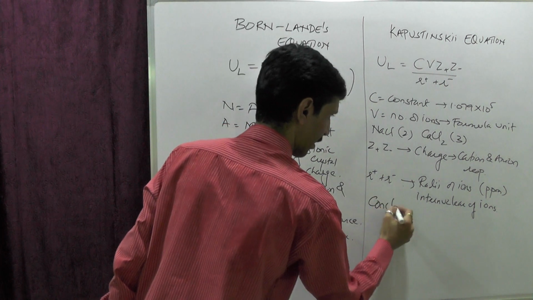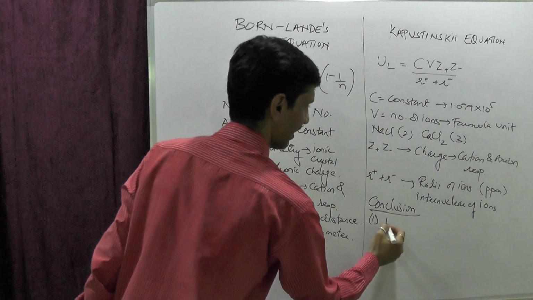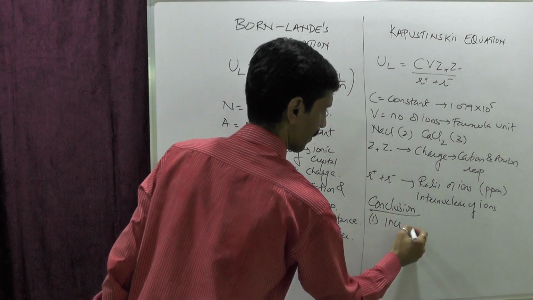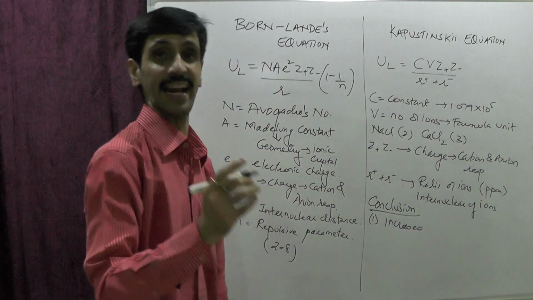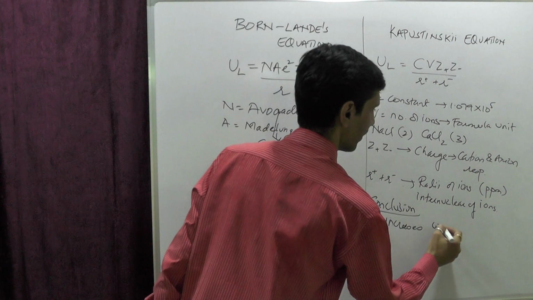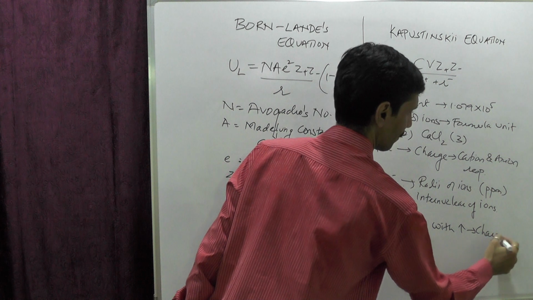The conclusion on the basis of both these equations is, number one, it increases. Obviously we are talking about with respect to what? Lattice energy. It increases with what? Increase in the charge of the ions.